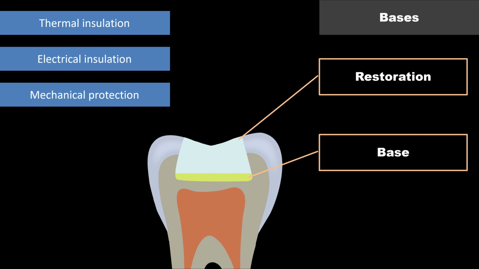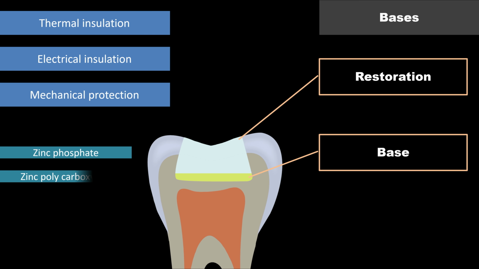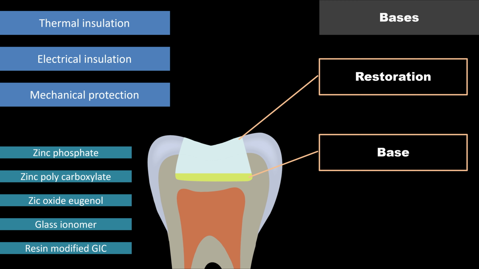Base is very commonly indicated, and we can use a base like zinc phosphate and zinc polycarboxylate, preferably under dental amalgam. Zinc oxide eugenol we can use, which is a low strength base. Then we can use glass ionomer cement and resin modified glass ionomer cement, both of which can act as a good base under composite restoration.